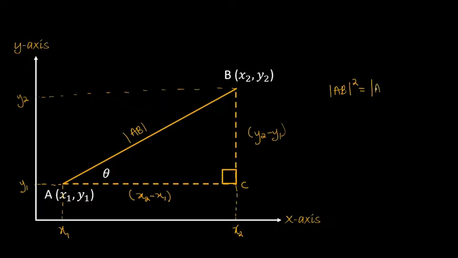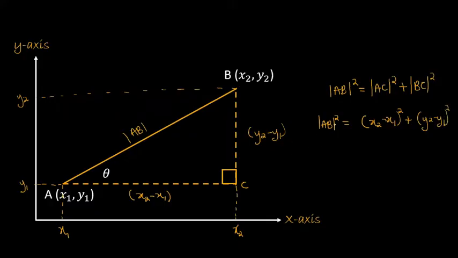So we'll have AC squared plus BC squared respectively. So this means the length AB squared will be equal to the length of AC, as I showed earlier on, is x2 minus x1 squared, plus for B and C it will be y2 minus y1 all squared.